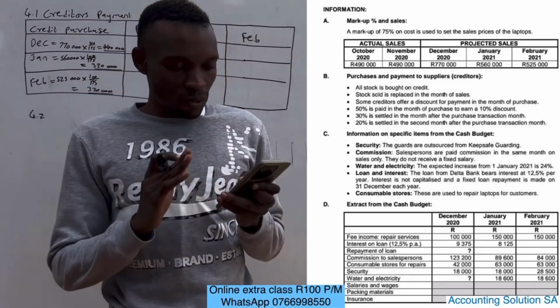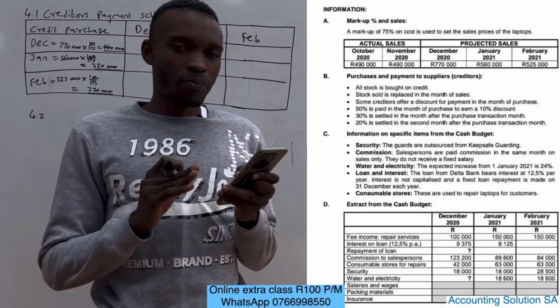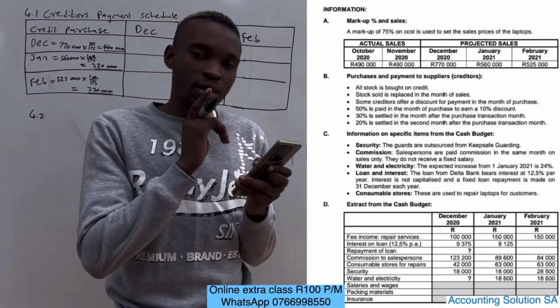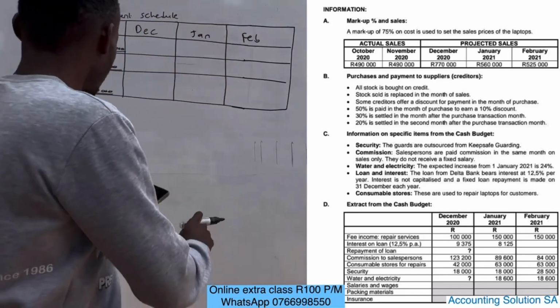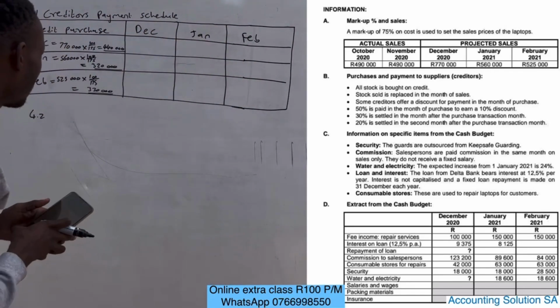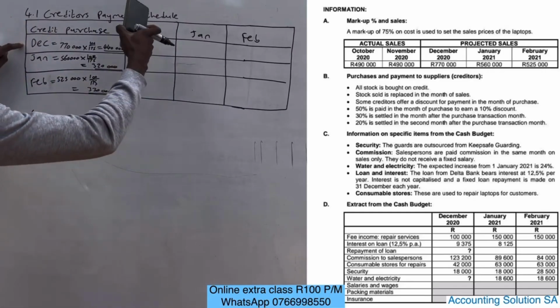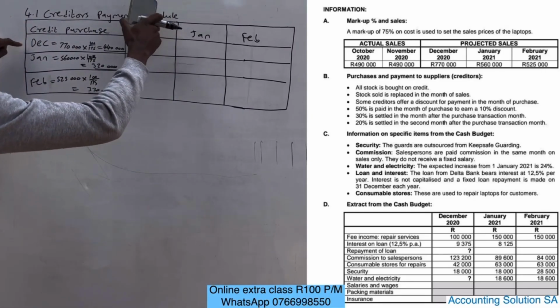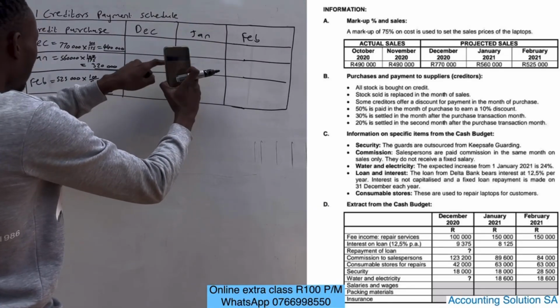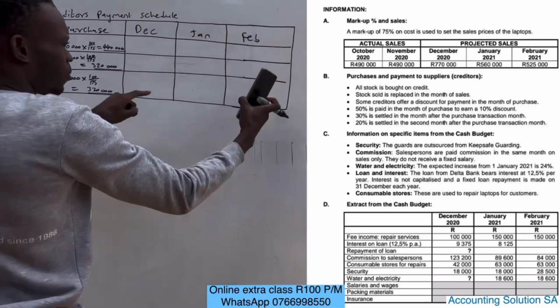So guys, when you start this schedule, the first step, if you want to simplify it, because they said the same month is 50%, you must look at the same month here. When we say the same month, you must point at December, and on this side you must also point at December. January and January, you check they're going to meet here. February and February, they're going to meet here.